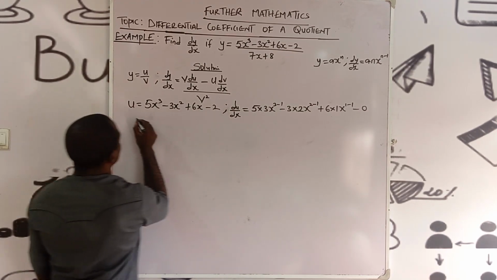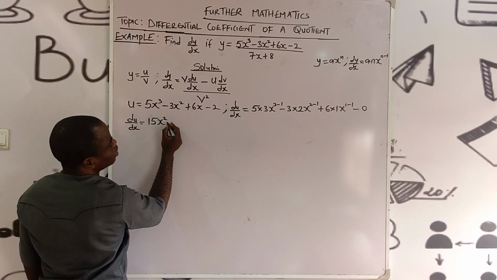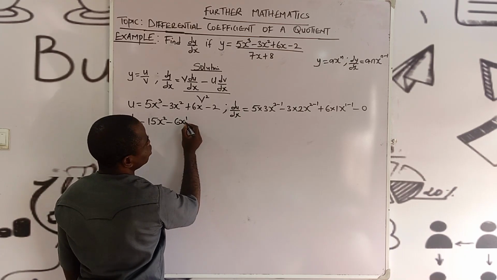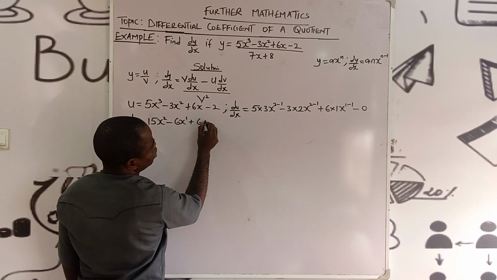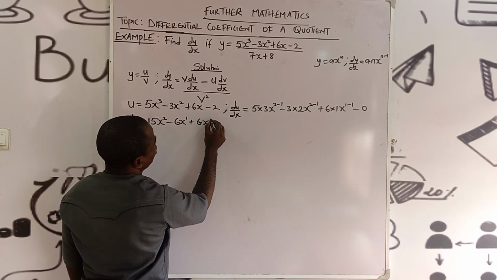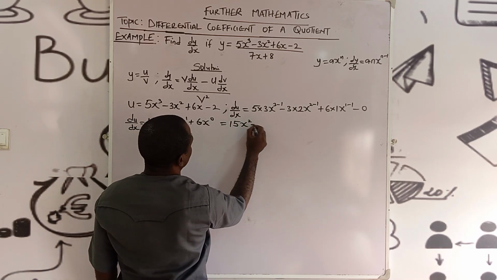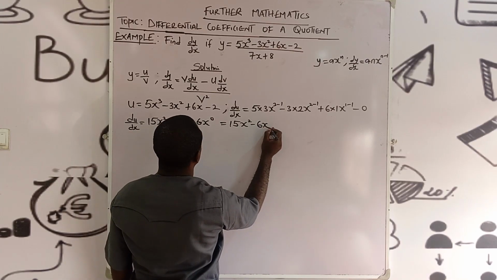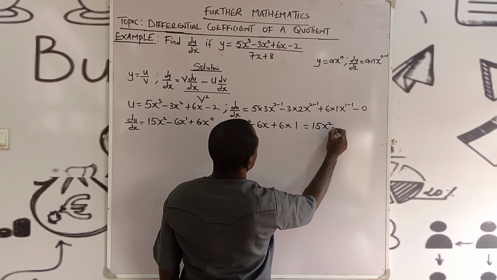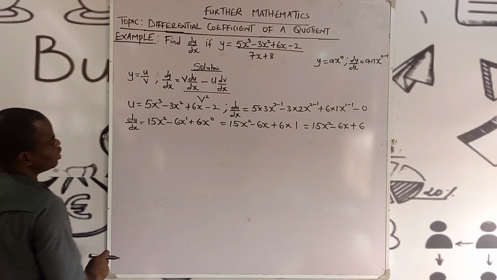Now du over dx equals 5 times 3, that's 15x squared, minus 3 times 2, that's 6x raised to power 2 minus 1, which is 1, plus 6 times 1, that's 6, times x raised to power 1 minus 1, that's 0, equals 15x squared minus 6x plus 6 times x raised to power 0, that is 1, so 15x squared minus 6x plus 6. That's our du over dx.